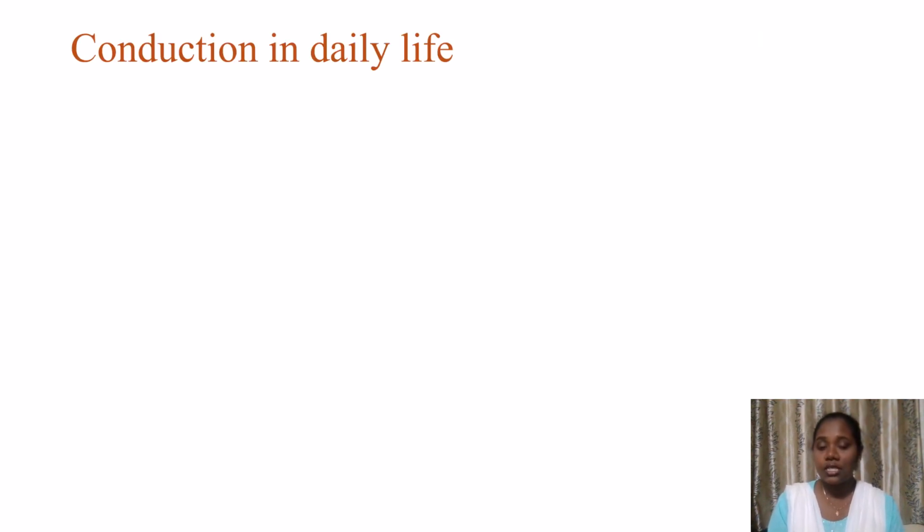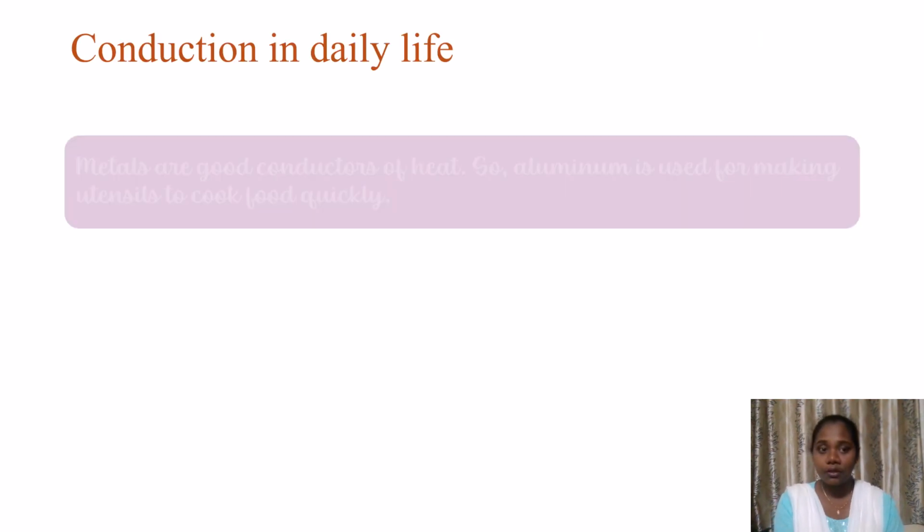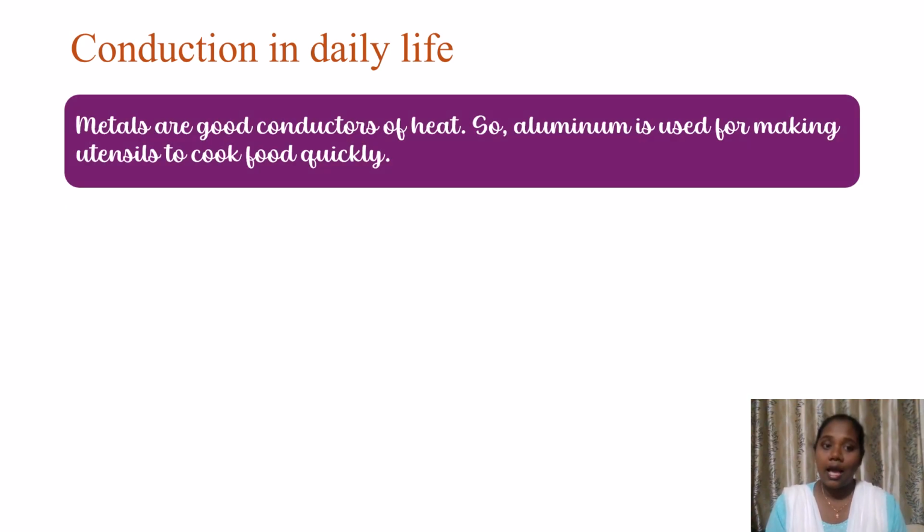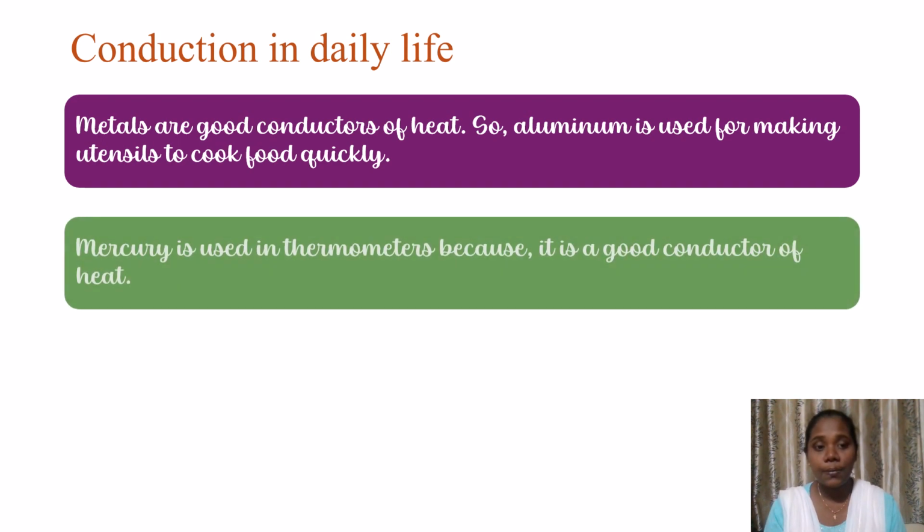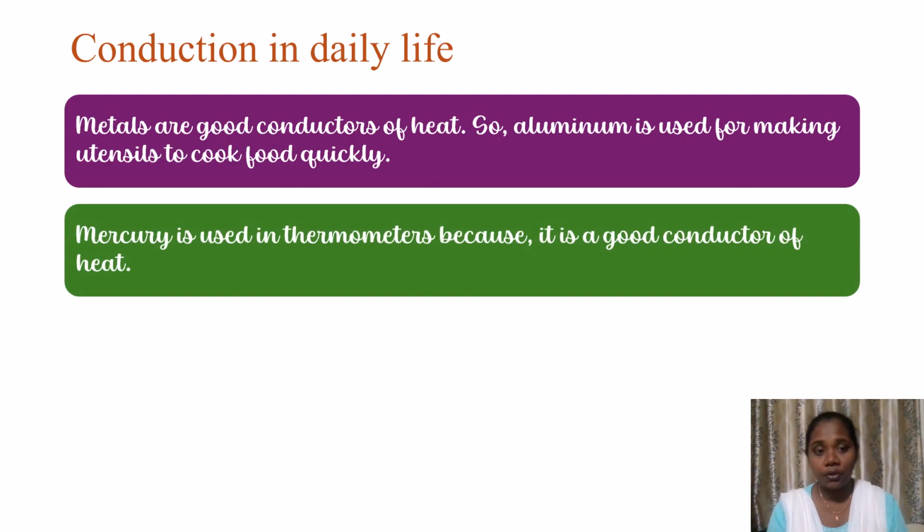Now, conduction in day-to-day life. As I mentioned before, metals are good conductors of heat. Therefore, aluminium is used for making utensils to cook food very quickly. Next is mercury. Mercury is used in thermometers because it is also a very good conductor of heat.